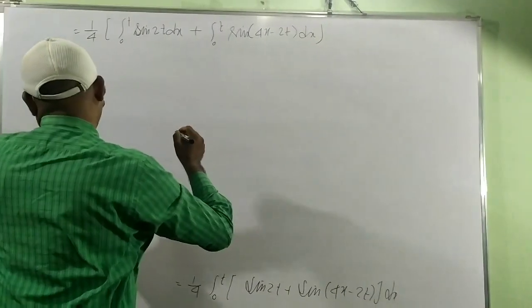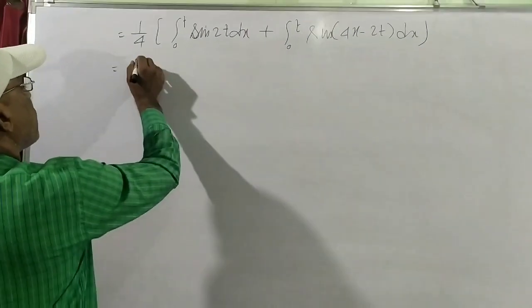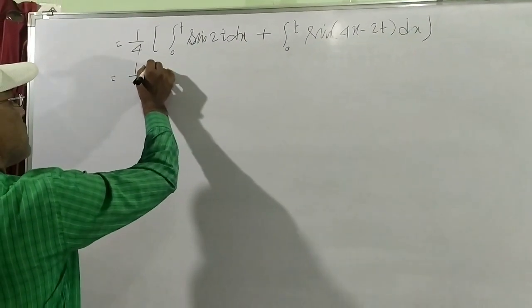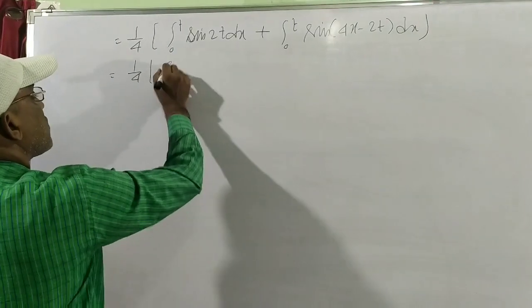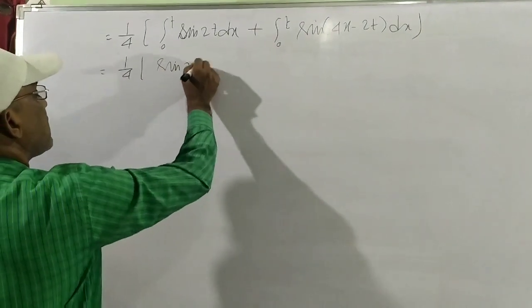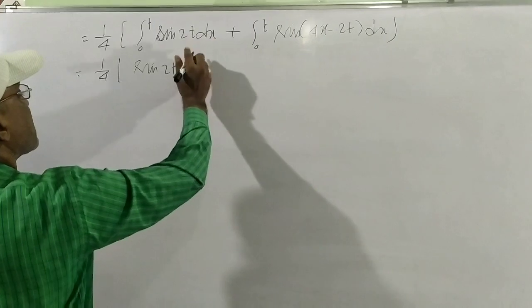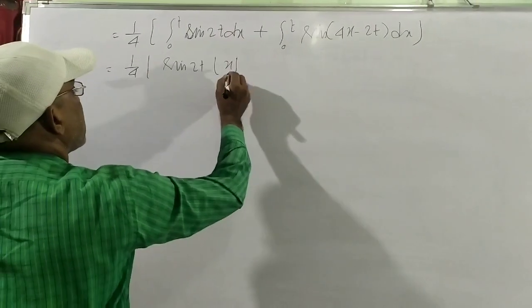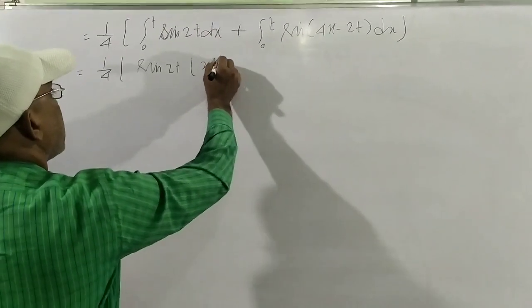We get this one. So 1 by 4, sine twice t is constant, and integration dx means x. We get this one, 0 to t.